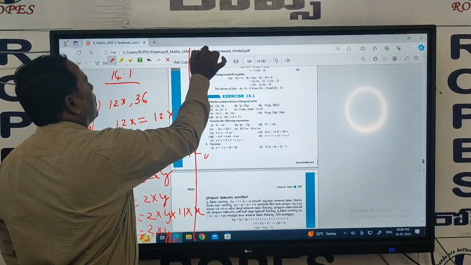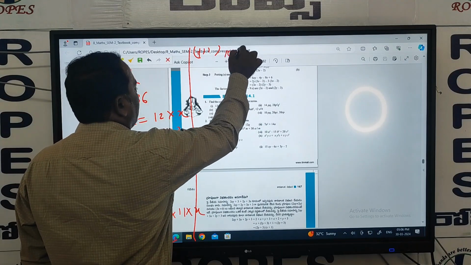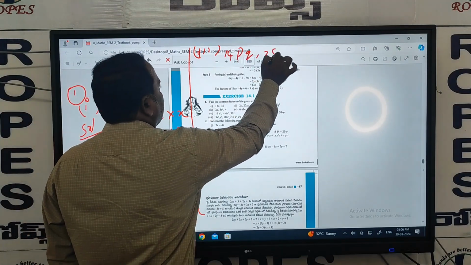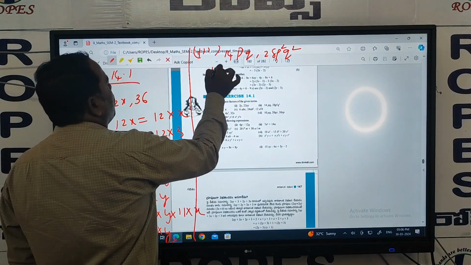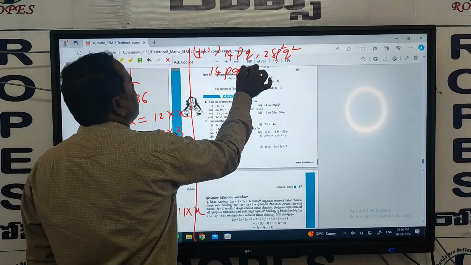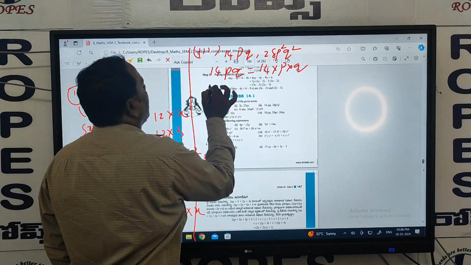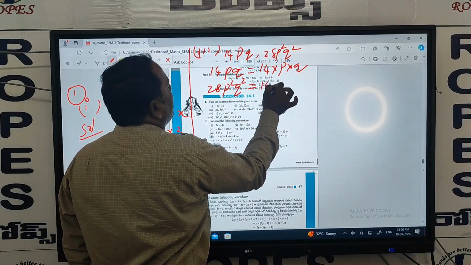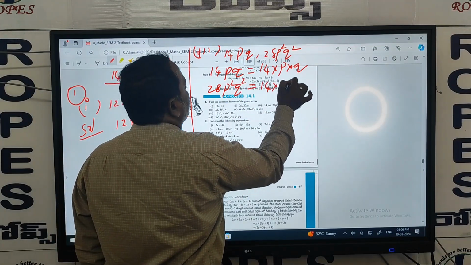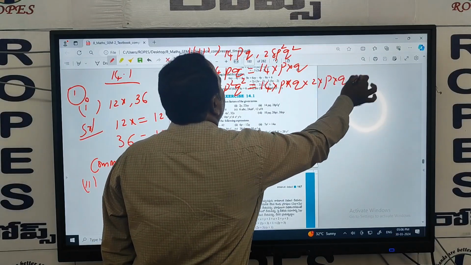Okay, next, the third one is 14pq, 28p square q square. So in this one, 14pq we can write as 14 into p into q, and 28p square q square we can write as 14 into p into q into 2 into p into q.